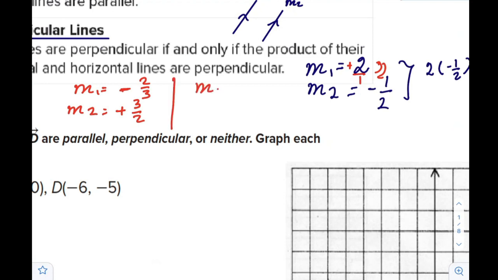Another example, if the first slope was 1, the second slope will be -1, because 1 is 1 over 1. So 1 times -1, if you check, the product is -1.